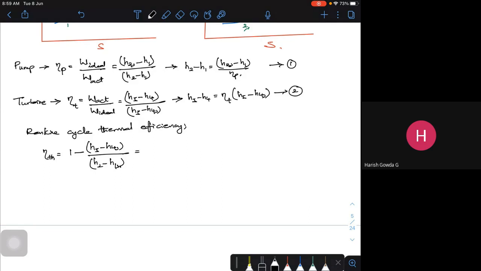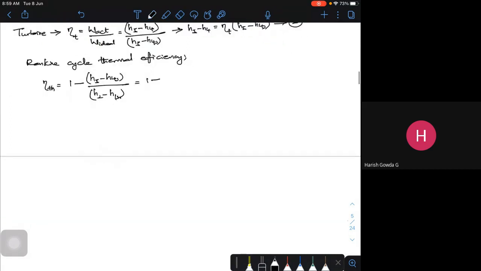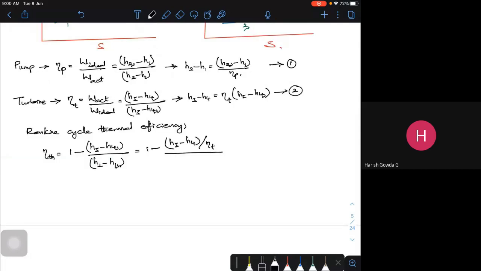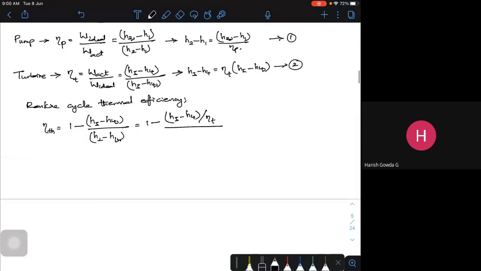So this is equal to 1 minus H3 minus H4, that's actual, divided by the turbine efficiency, divided by pump efficiency into H2 minus H1.